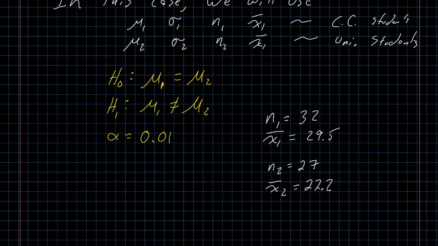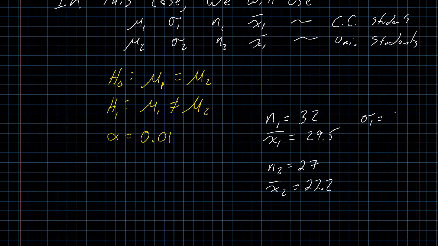The other piece of information we need are the standard deviations. And this is where you have to be lucky. In our case, I'm going to assume that the students at this community college and the students at this four-year university have had their ages analyzed in a couple of different ways before, so the standard deviations are known.